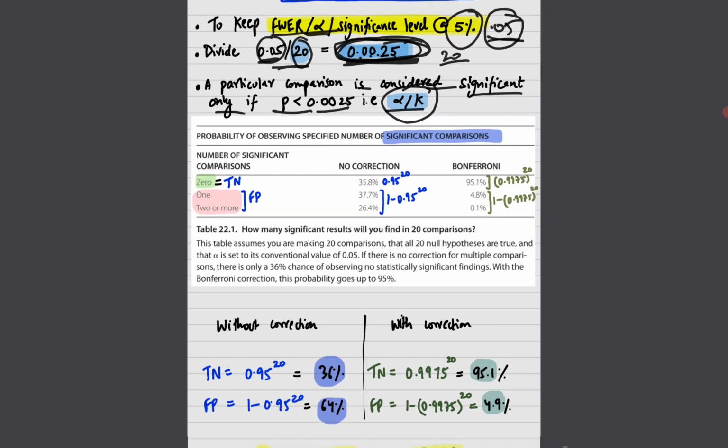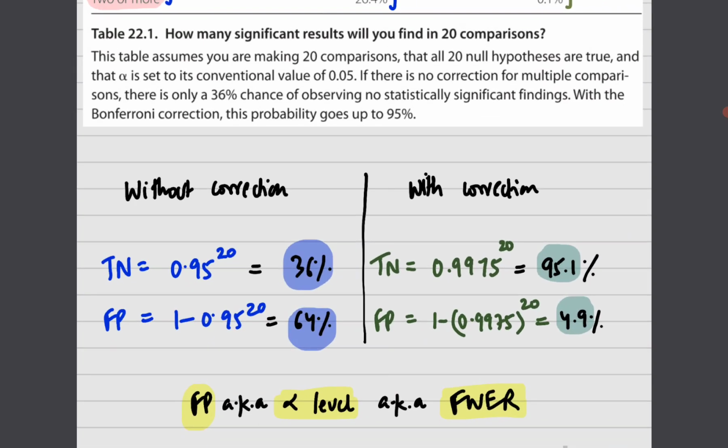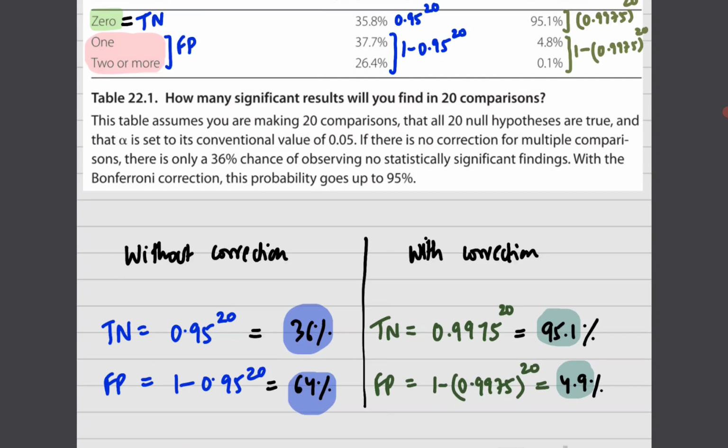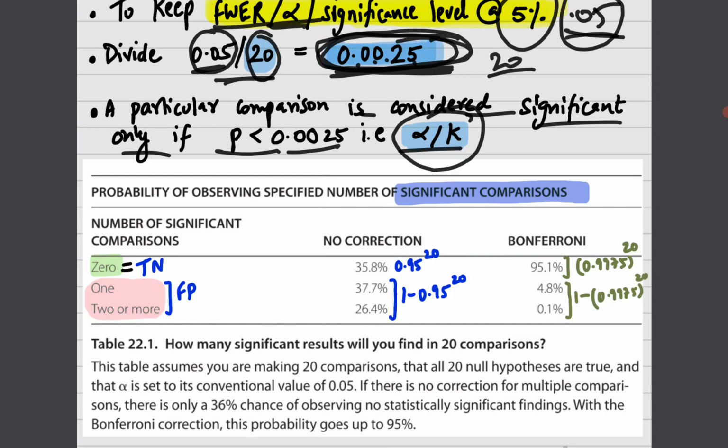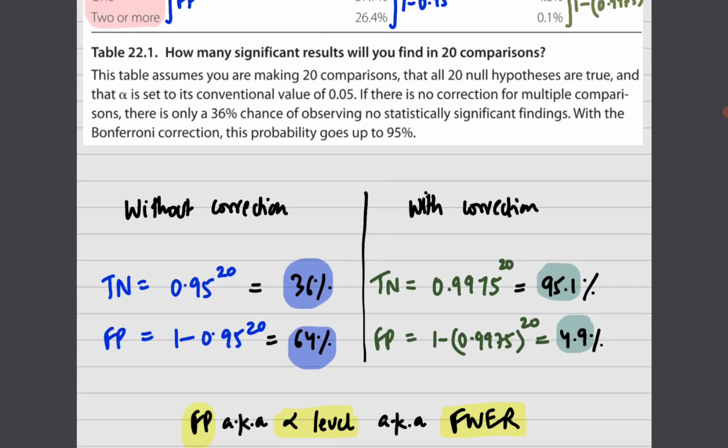So let's assume we are taking an example of 20 comparisons. Let's assume we have done the correction, which means the new significance threshold is 0.0025. Now I want you to pause the video and, by taking a significance level of 0.0025, calculate the FWER.